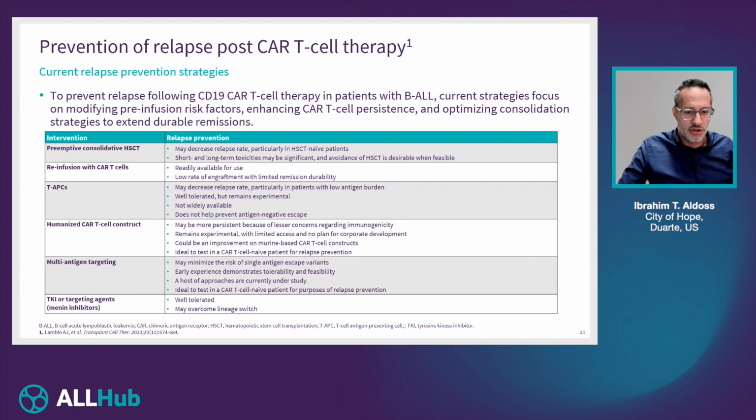There is an approach where you can give T-cell antigen presenting cells to stimulate CAR T cells in vivo to expand and persist longer. And there is also the humanized CAR T cell therapy, where sometimes you lose CAR T cells if using murine-based CAR T cell therapy, by developing antibodies to clear the murine-based CAR. The humanized is supposed to last longer as these are humanized CAR.